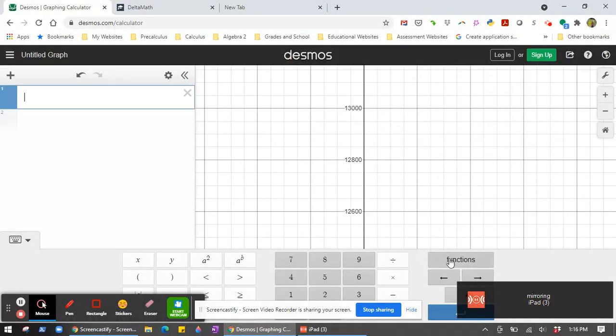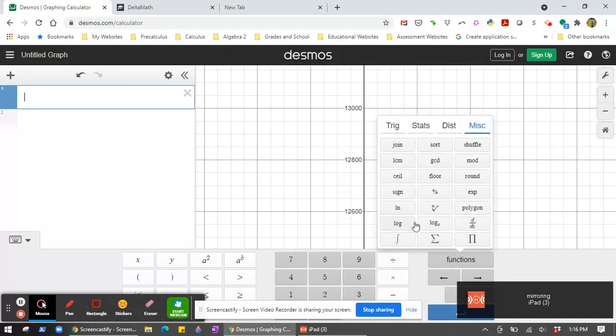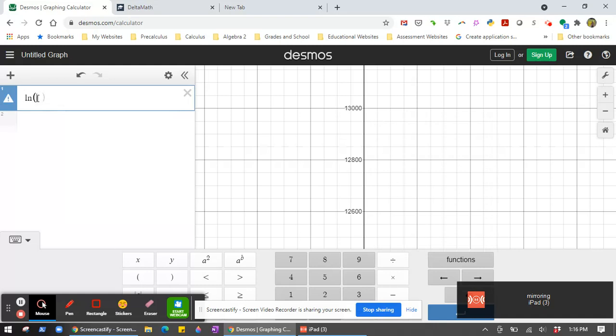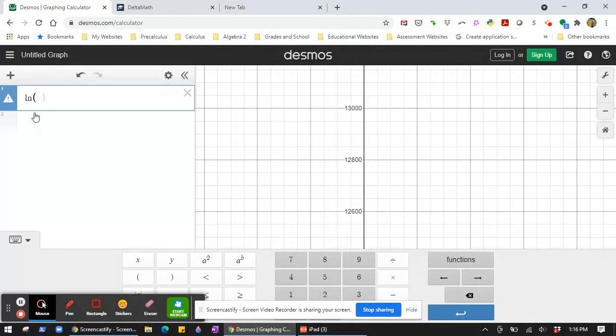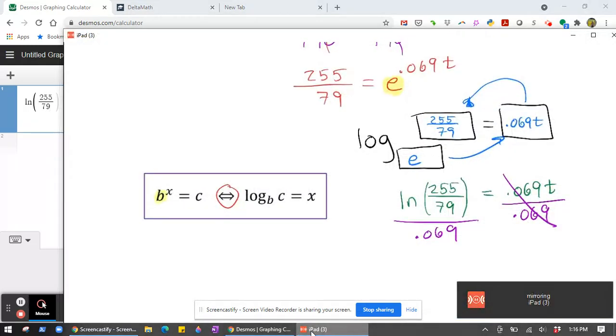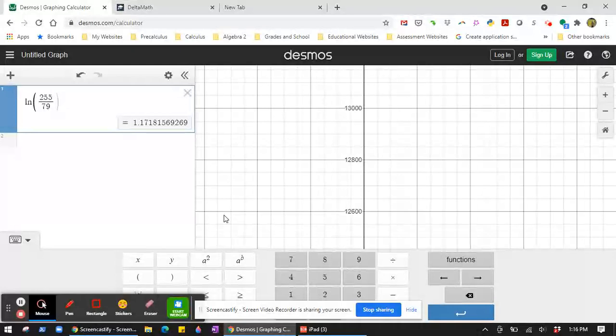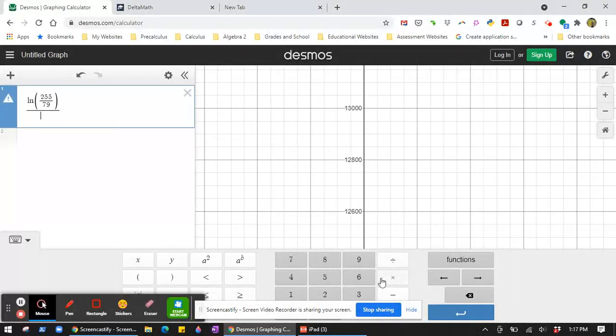You can write L and then N, but you could also go over to functions, miscellaneous, ln. The parentheses just automatically appear. 255 over 79. So that's a fraction in the input. 255 divided by 79. Okay, now that whole answer needs to be divided by 0.069. So if you put a division here, you are going to now type in 0.069 to get the actual answer.